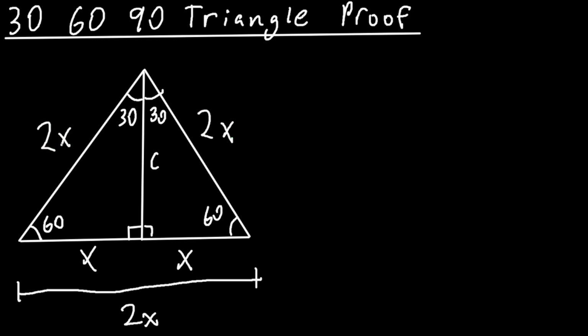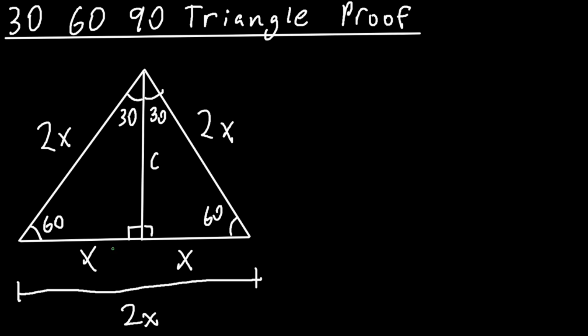We already have two of the values from the cheat sheet chart: the hypotenuse value and this value. Now we just want to find this value right here, and that's where you get the ugly square root of 3. Let's get right to it. I'm going to use the Pythagorean theorem here because this is a right triangle.